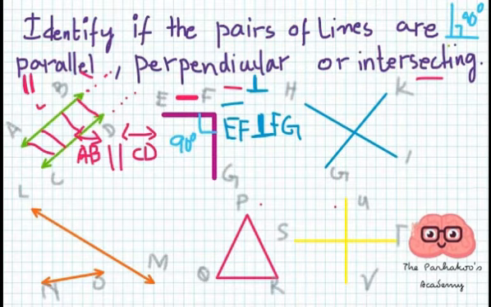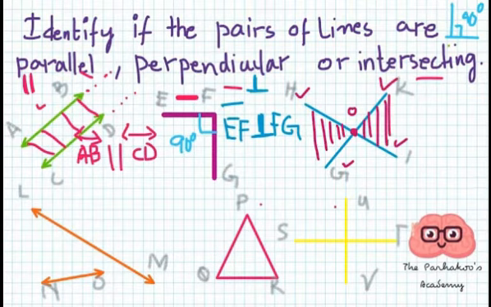Now if you see the third pair, line HI and GK, they are intersecting at a point. Let's say this point is O. So they are meeting at a point and their distance is changing at every point. So these are basically intersecting lines.